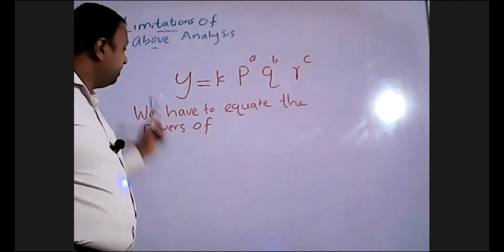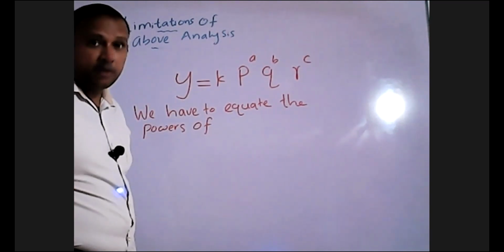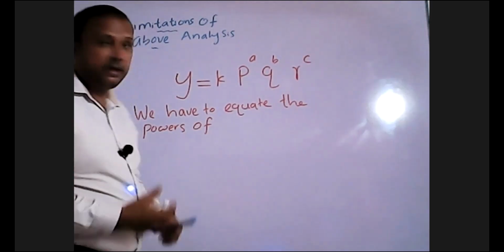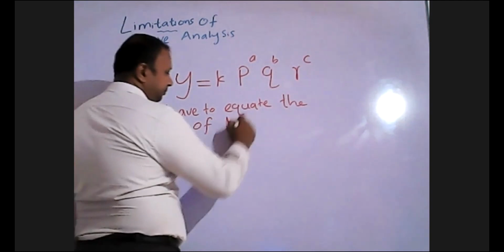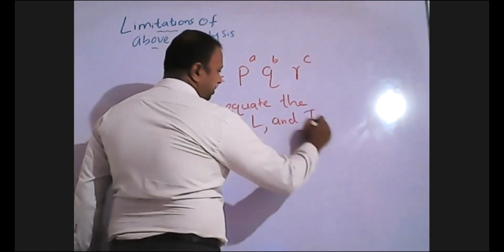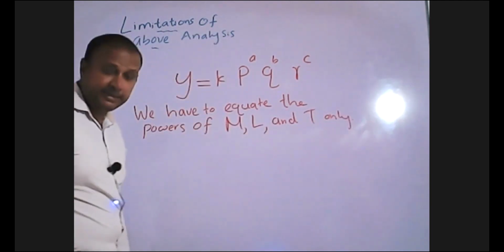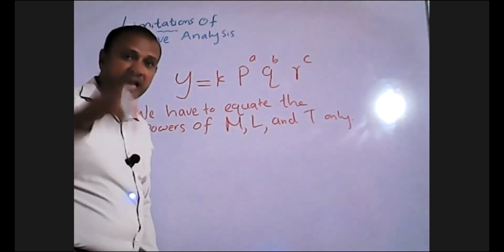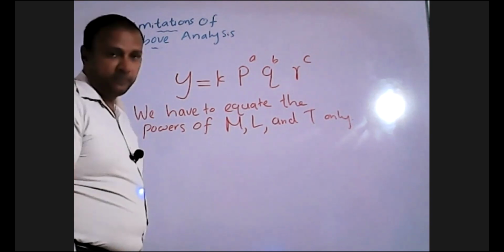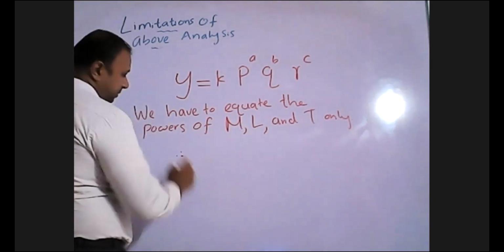So we have to equate the power of M, L, and T only. That means we can build up to 3 simultaneous equations.